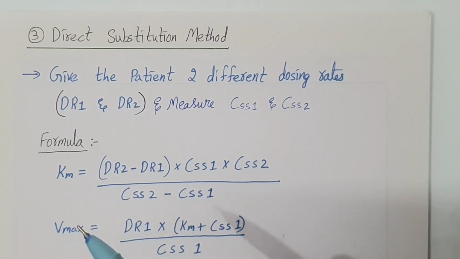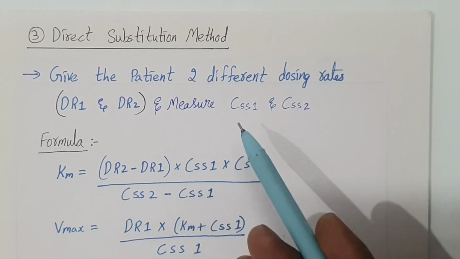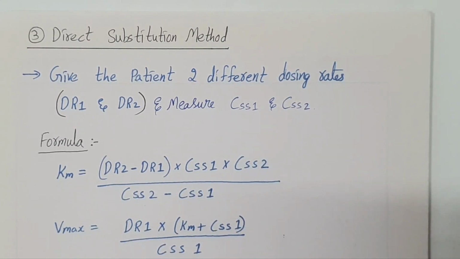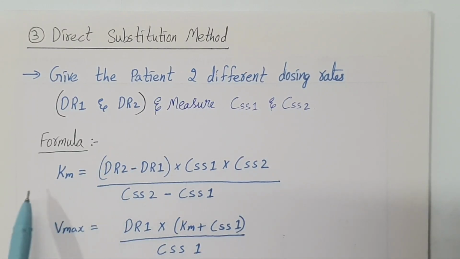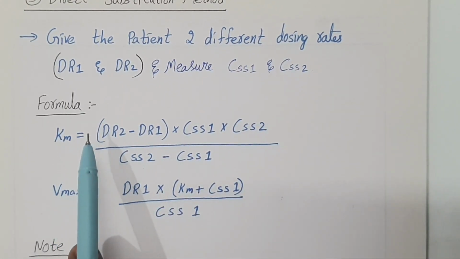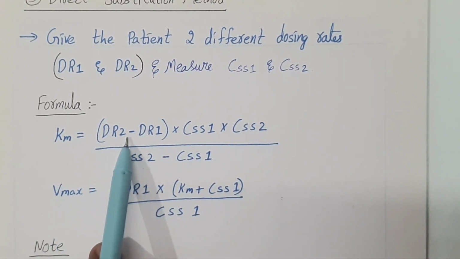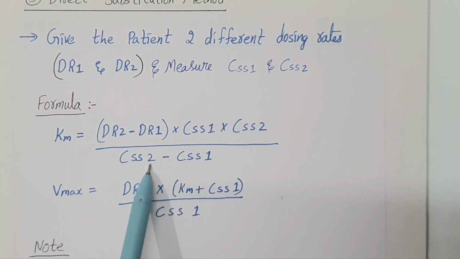The third method is the direct substitution method. Here you have to give two doses to the patient, that is DR1 and DR2, and after that you measure Css1 and Css2. By these values you can calculate Km and Vmax. To calculate Km the formula is DR2 minus DR1 multiplied with Css1 and Css2 divided by Css2 minus Css1.